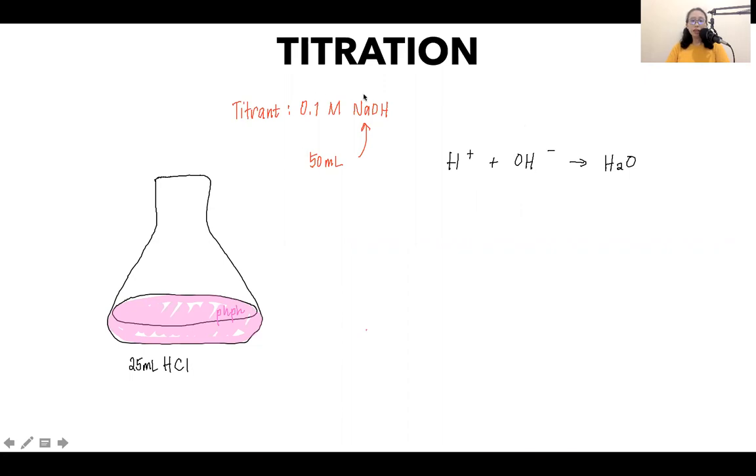Now, given this information, we can get the moles of base used until we reach the equivalence point. And that is 50 ml. So we convert this to liter times the concentration of our base.